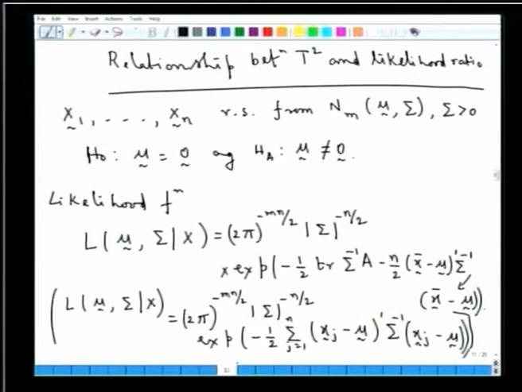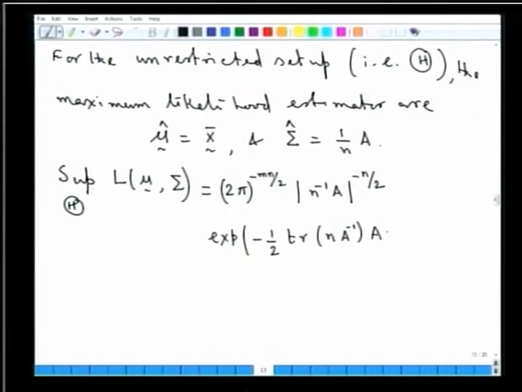And what happens to the second term? The second term is minus n by 2 times (x bar minus mu) transpose sigma inverse (x bar minus mu). Now at the point that mu is given by the maximum likelihood point, that would be x bar, so this term would vanish simply. So what we will be having is this term just for the supremum over script theta of this likelihood function.